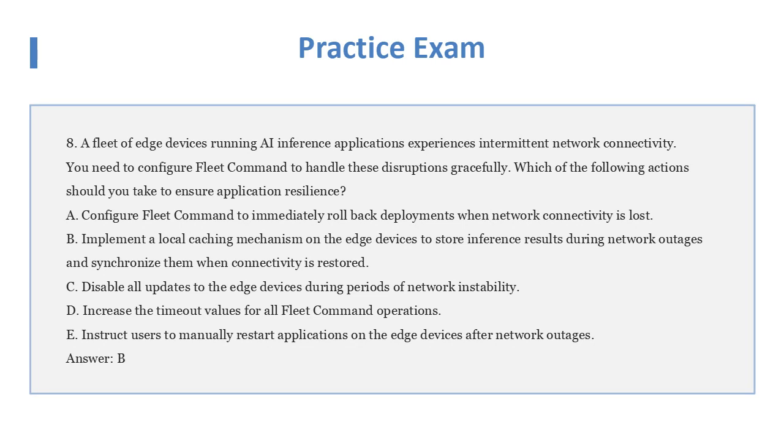B. Implement a local caching mechanism on the edge devices to store inference results during network outages and synchronize them when connectivity is restored. C. Disable all updates to the edge devices during periods of network instability. D. Increase the timeout values for all Fleet Command operations. E. Instruct users to manually restart applications on the edge devices after network outages. Answer: B.